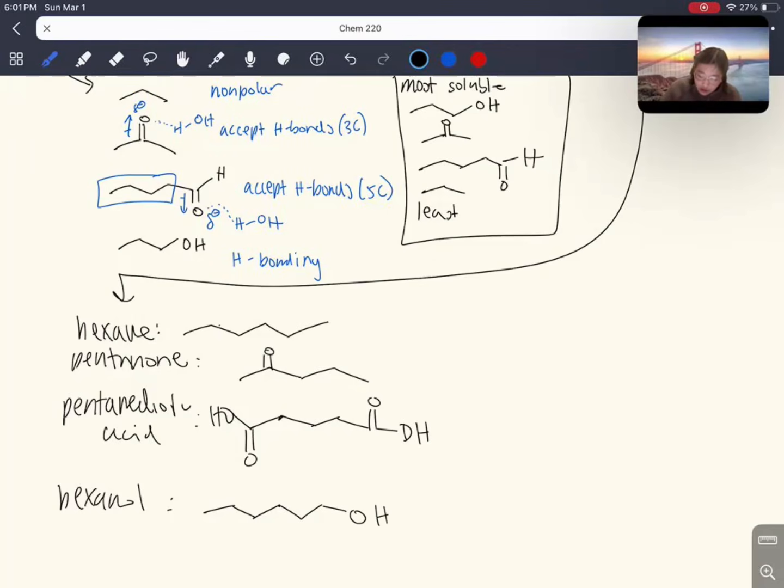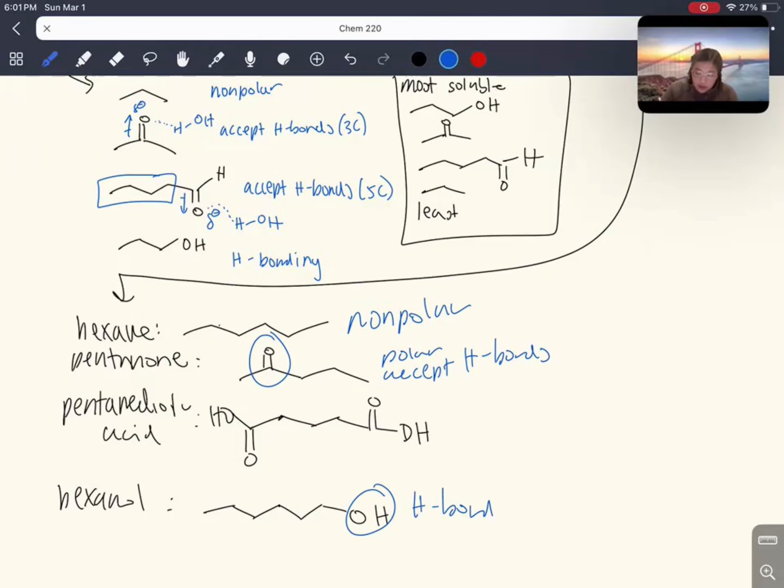And so if we think about properties again, hexane is nonpolar. Pentanone has an oxygen, so it's slightly polar. It can accept H bonds. Hexanol, similar to propanol in the one we just talked about, can do H bonding. And then pentanedioic acid has more OH groups, so it can do more H bonding.